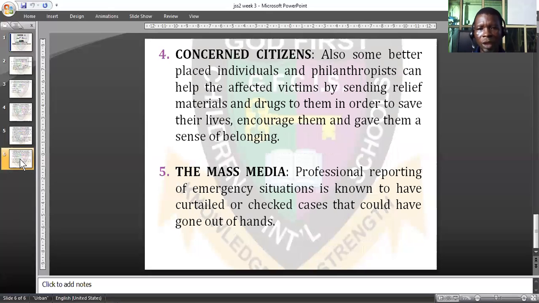Then the fourth one is concerned citizens. We are talking about the citizens of the country that is witnessing the emergency situation.